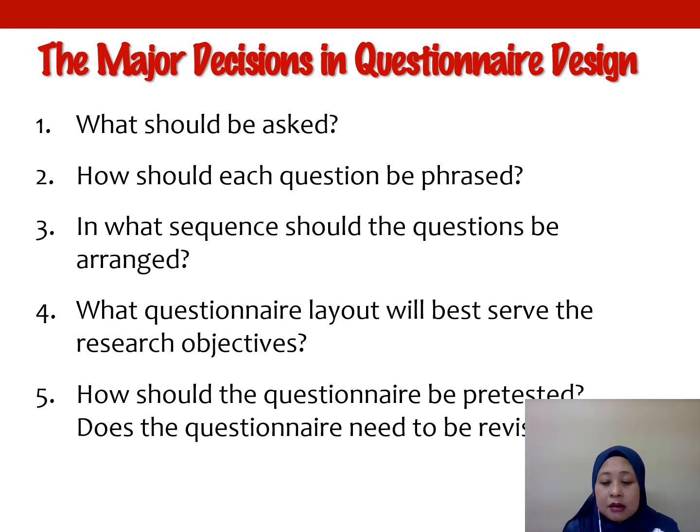Somehow you need to test whether it actually measures the right construct, or whether you have several other issues to attend to. After the several tests, you can revise your questionnaire before you distribute your questionnaire.